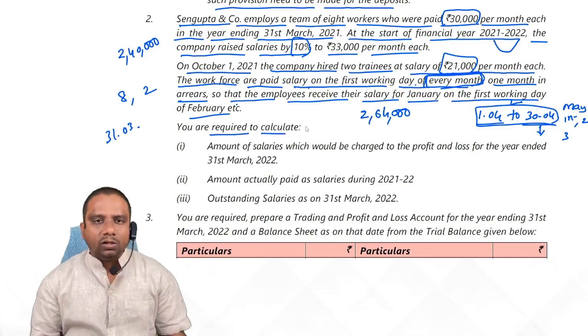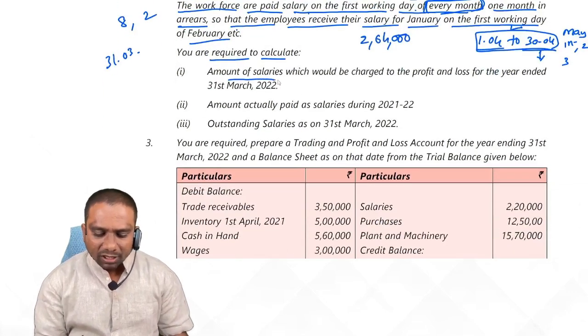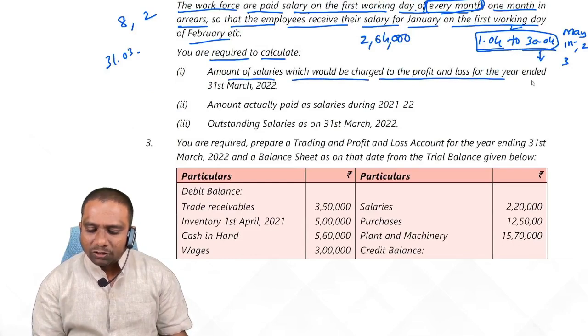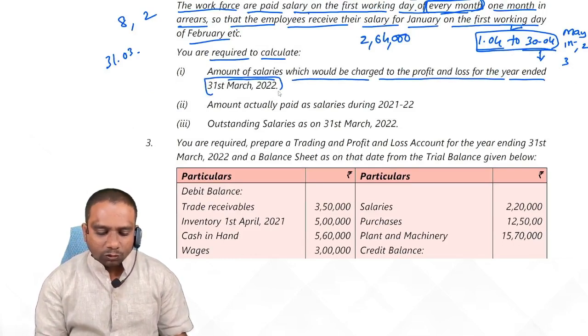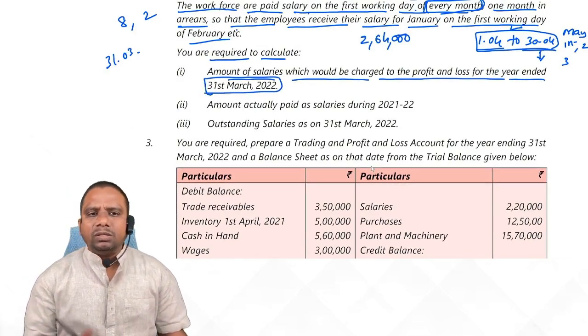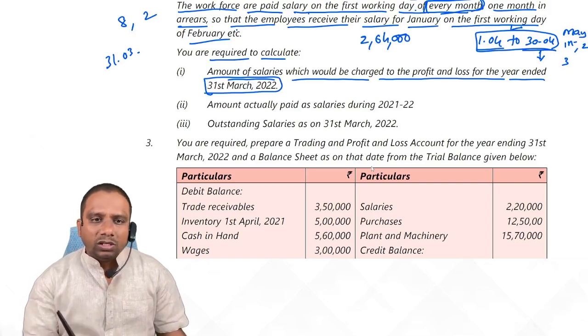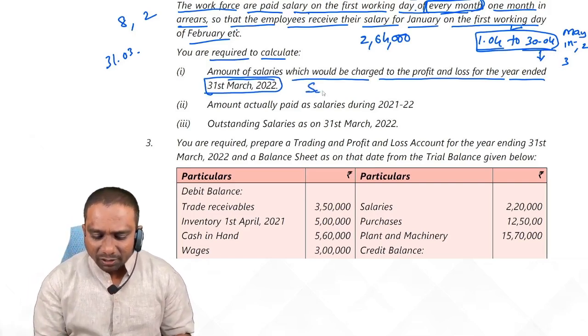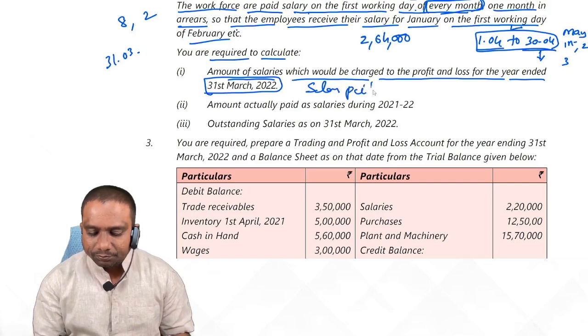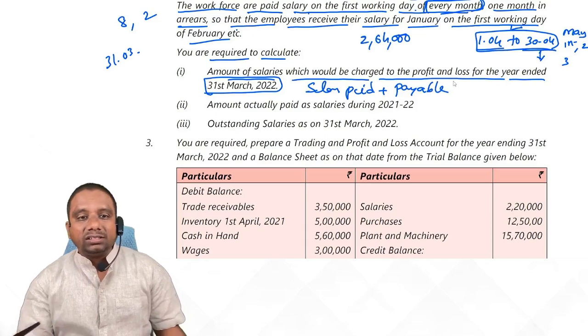You are required to calculate the amount of salaries which would be charged to the profit and loss account for the year ended 31st March 2022. Generally the profit and loss account is prepared following the accrual concept. Accrual concept means salary paid plus payable.